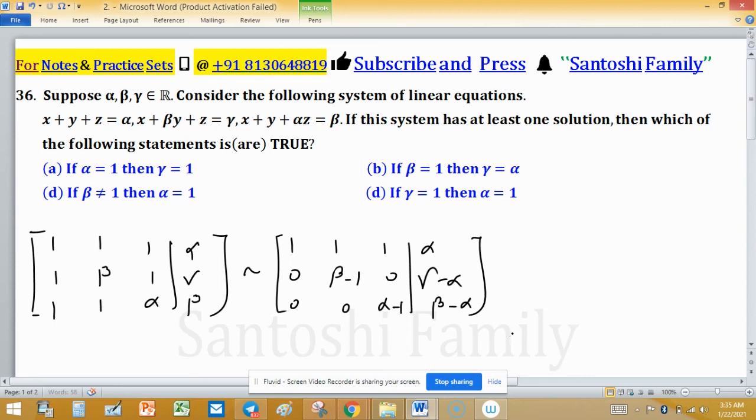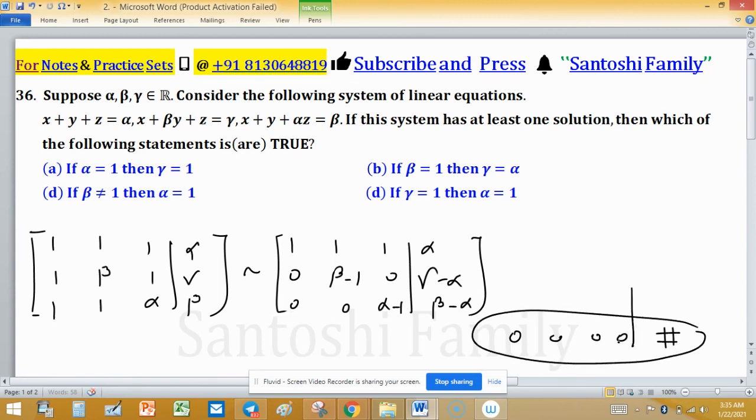If we get a row of the type 0 0 0 with a non-zero entry, then the system has no solution, because the rank of the coefficient matrix will be one less, but this is a leading entry in the augmented matrix, so the rank of the augmented matrix will differ from the coefficient matrix.